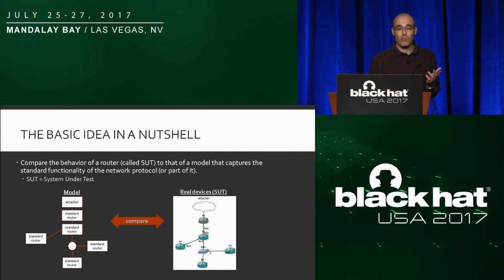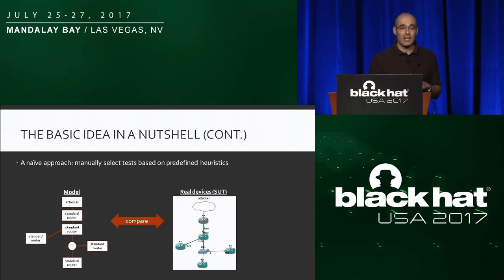Okay, so what we need now is to find a way to generate those test cases. A naive approach might be to manually generate those test cases based on our understanding of the protocol, based on some predefined heuristics, based on fuzzing, and so on and so forth. But this may cause us to not cover the entire functionality of the protocol and may cause us to miss deviations.